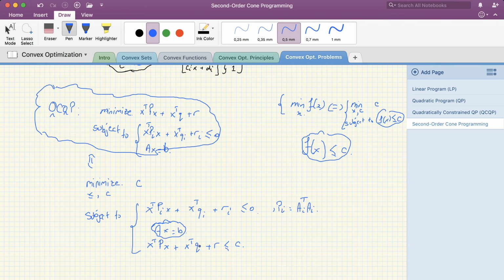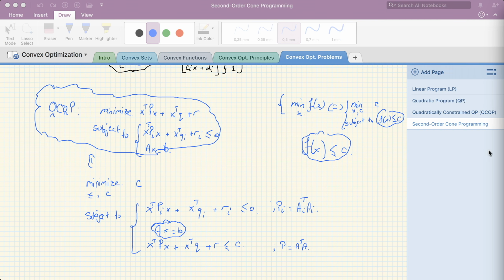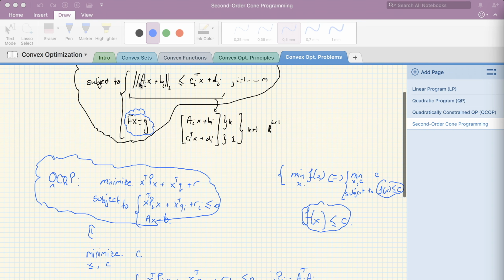And also P is symmetric and positive definite, so P should be decomposed into A transpose A. And one thing here we didn't mention is, there's no restrictions here on Ai, bi, ci, nor di. There's no restriction telling you that Ai should be positive semi-definite. It doesn't have to be a square matrix. Why should it be positive semi-definite?